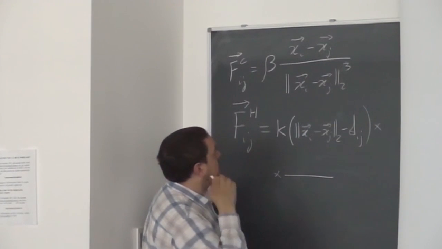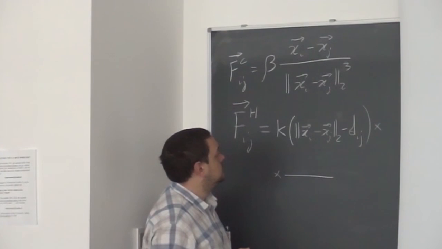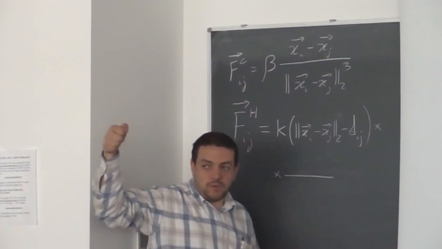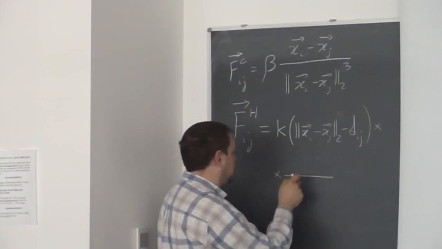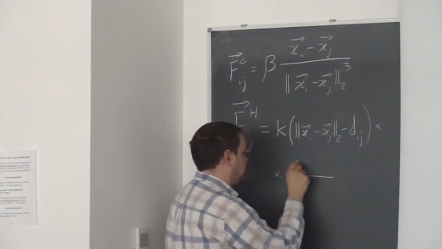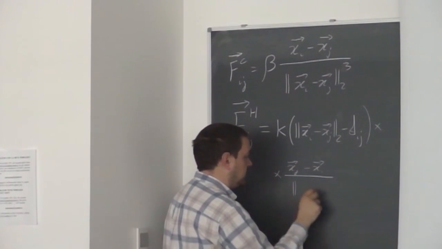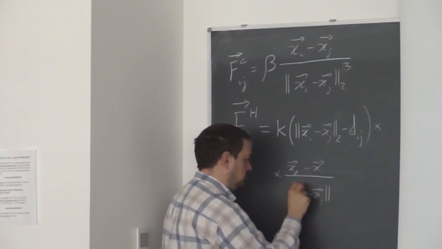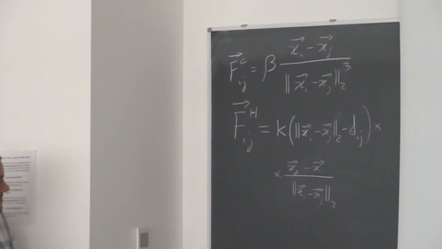In this case, we want it to be attractive when they are far apart. So when this is positive, we want it to be attractive. So I need to put here xj minus xi divided by the norm. So these are the two forces that we will use.